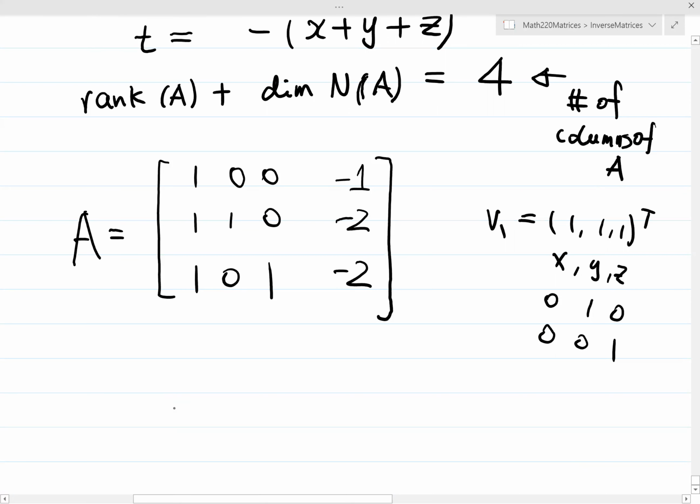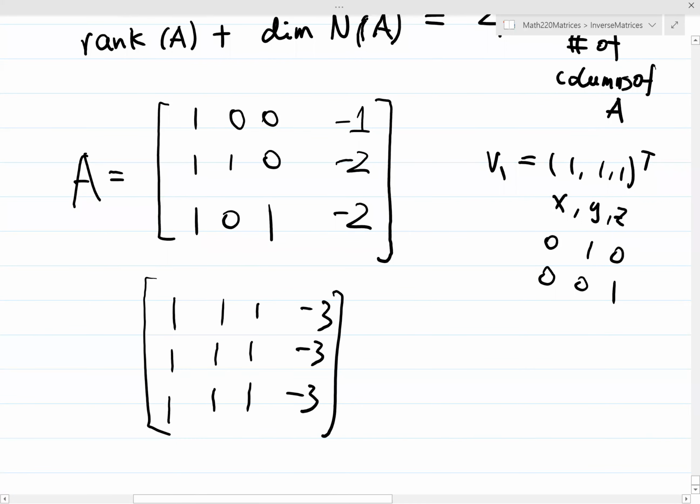Now this doesn't work: negative 3, negative 3, negative 3. You can compute t according to this rule, negative x plus y plus z. If you add each row together, you get a 3, and then you multiply by negative 1. So this only tells you that the null space contains this vector.